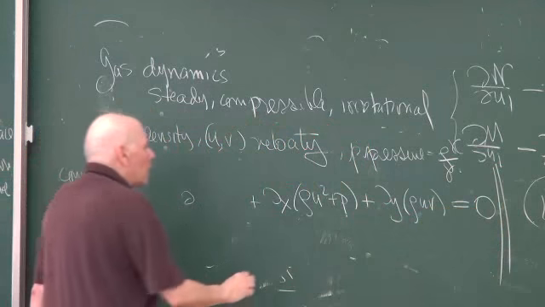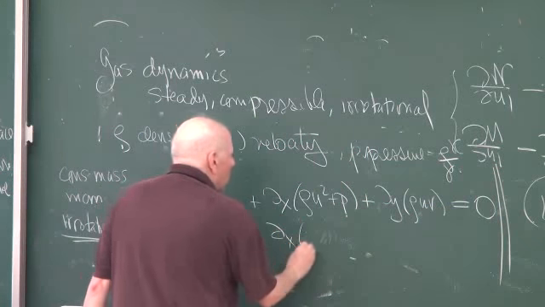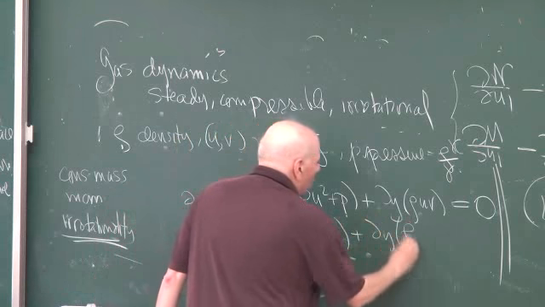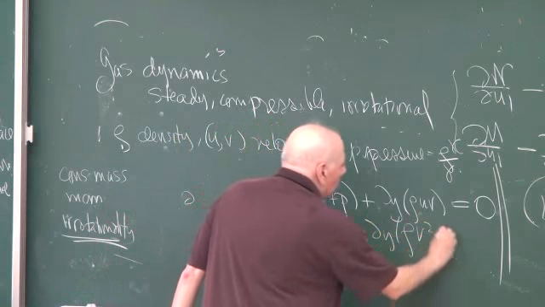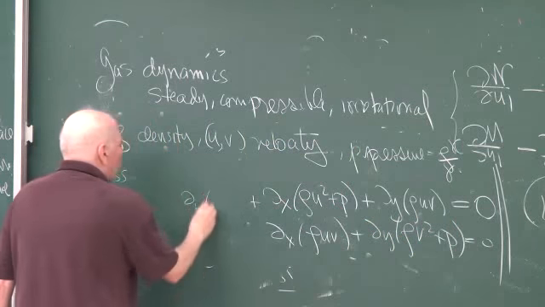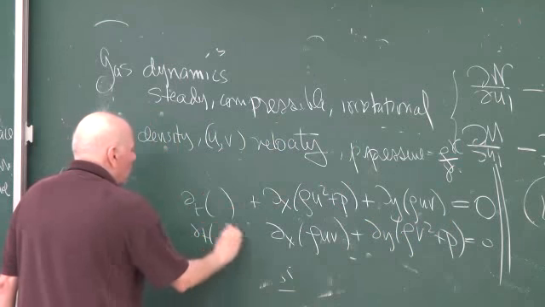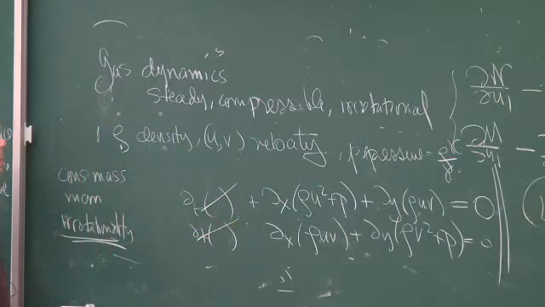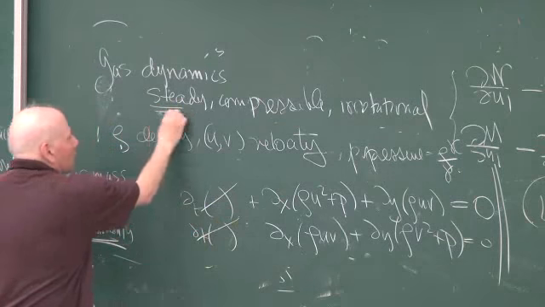And this one would be d dx rho uv plus d dy rho v squared plus p equals 0. Now if there was acceleration, we'd have d dt rho u and d dt rho v. But I said no acceleration, steady, steady.